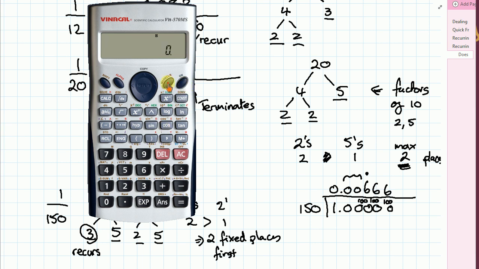I think it's mode 1 I want, so let's try 1 divided by 150 again. It's gone into exponential mode for some reason. Let's change my mode to 3. I tried 1, let's try 2. There, 0.066666 as I've got over here.